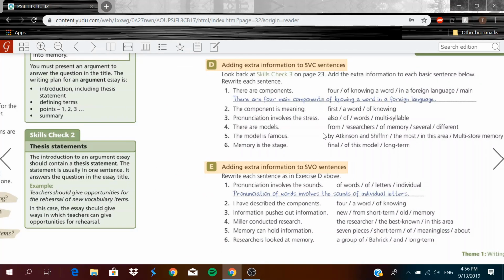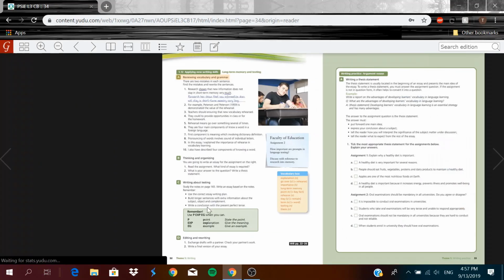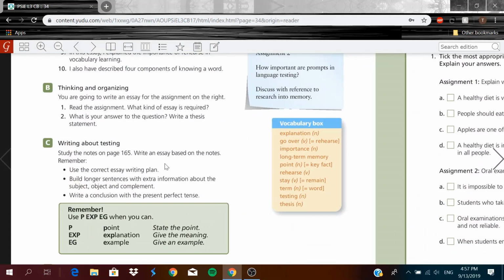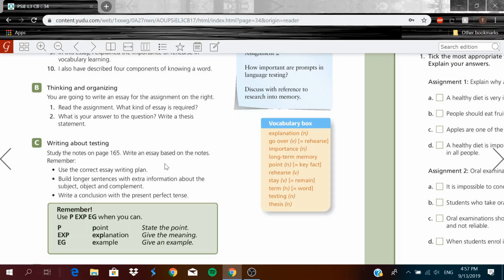We literally did like 12 exercises based on this part alone. I want you to add your own extra information to SVC sentences. That'll help your essay look a little bit longer. And write a conclusion with the present perfect tense.